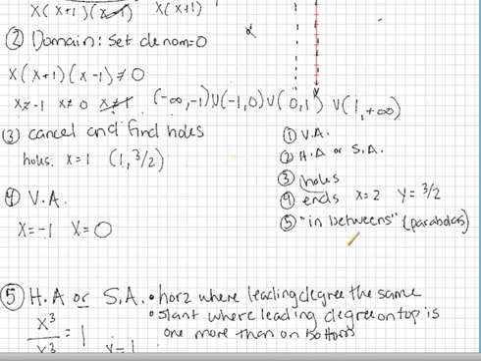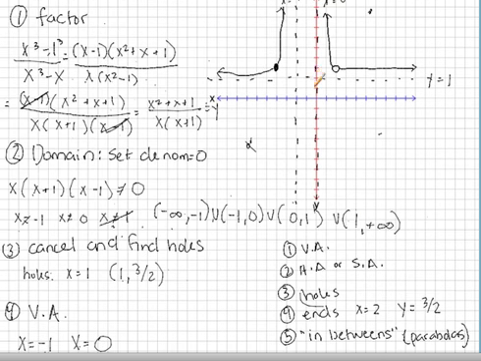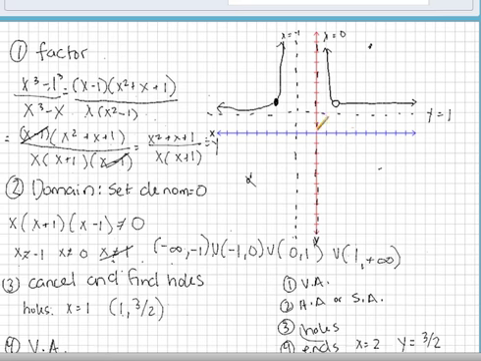The very last thing we need to graph is what I call our in-betweens. They're in between your vertical asymptotes, and they will always be parabolas. To figure out where this is going to be and which direction it's going to be, we're going to plot a point. It looks like I have half a unit here and half a unit here. So if I have a parabola in here, I'm going to have an axis of symmetry in between these two.